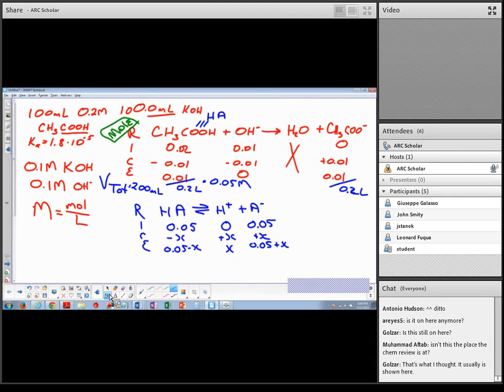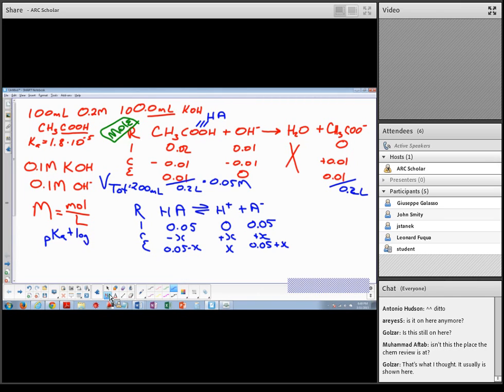Does anyone know an easier method than going through all that again? Anyone remember the Henderson-Hasselbalch equation? A couple people. What was the Henderson-Hasselbalch? pKa plus the log of the base over acid.